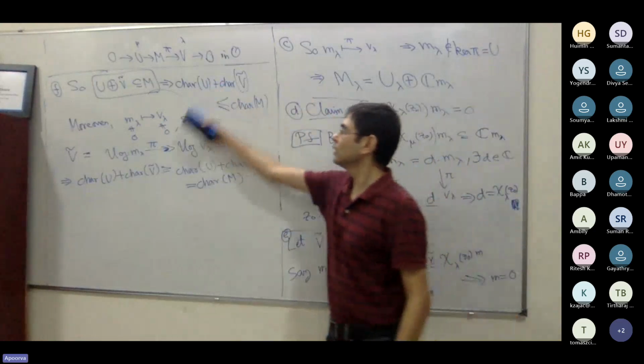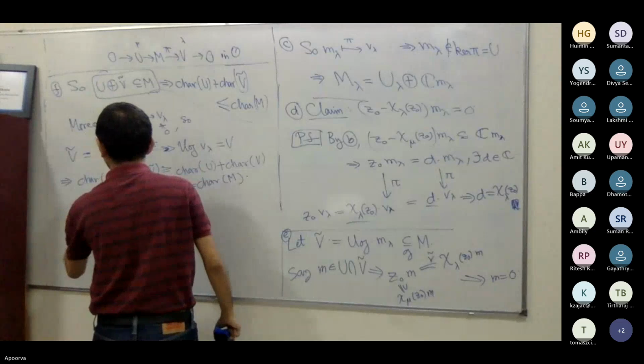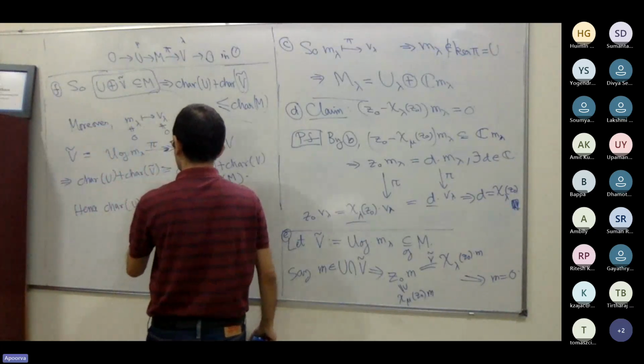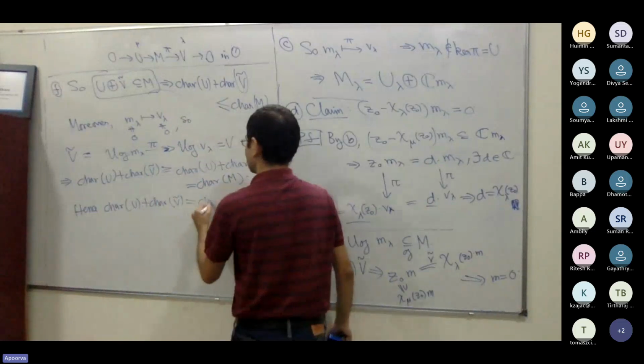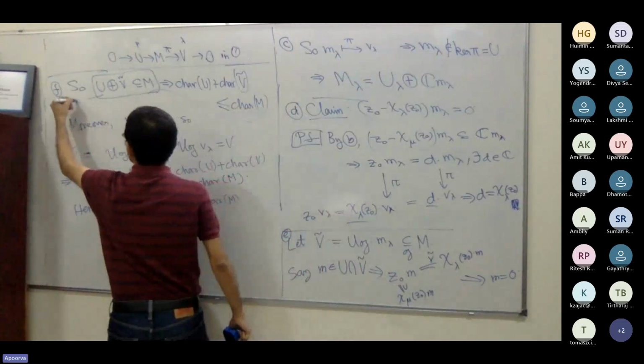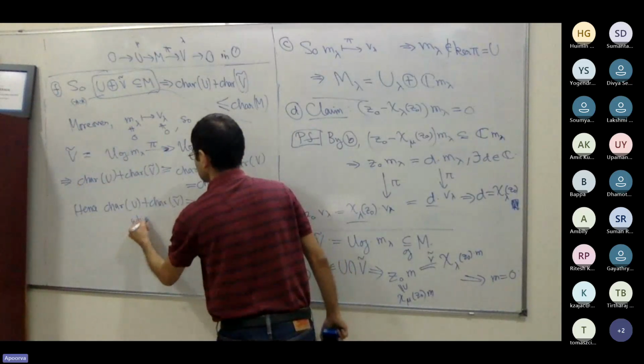Therefore, the characters are equal, and therefore, because it's a submodule, equals character. Right? Maybe I'll give this another name, star star, which together with star star implies.